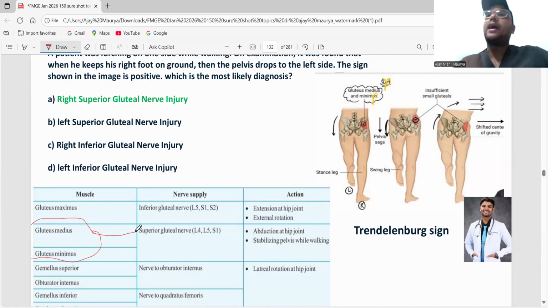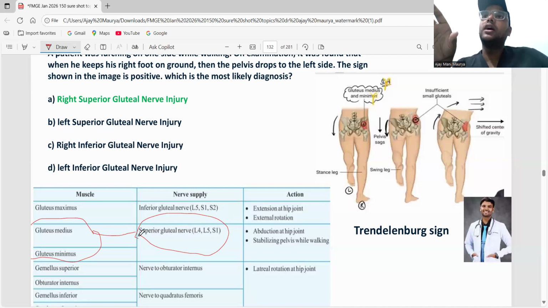Okay. What happens when there is an injury to the superior gluteal nerve? Will gluteus medius and minimus work? No. Will they perform the abduction? Will they stabilize the pelvis?